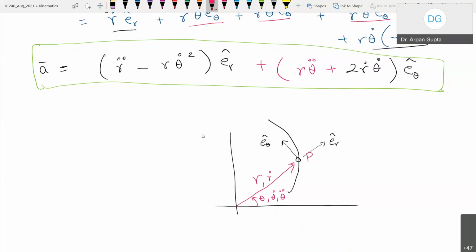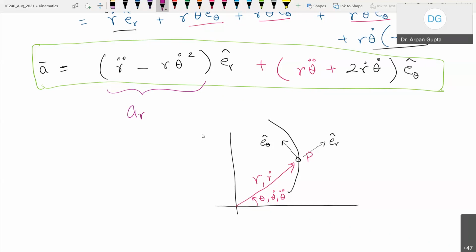Theta dot is like your omega, so it is like your minus omega square r term. If I'm observing from this point, it is an acceleration directed towards the center, like your centripetal acceleration. So if your r is constant, then in circular motion, this is your centripetal acceleration. So these together constitute what is called the radial component of acceleration.